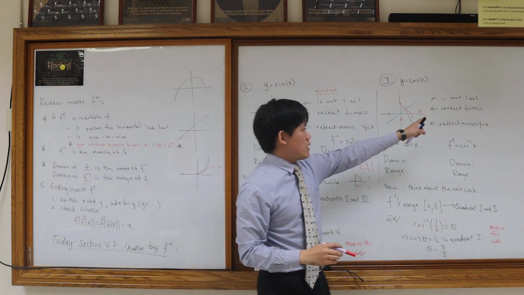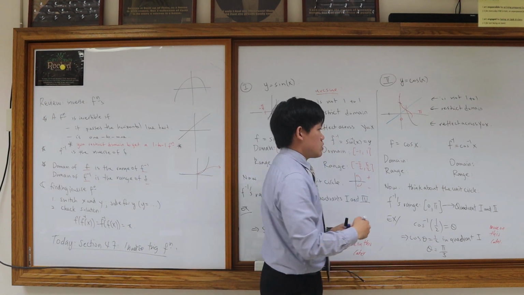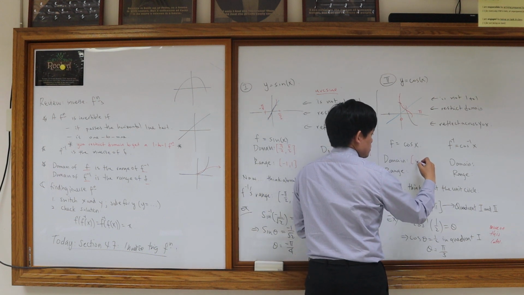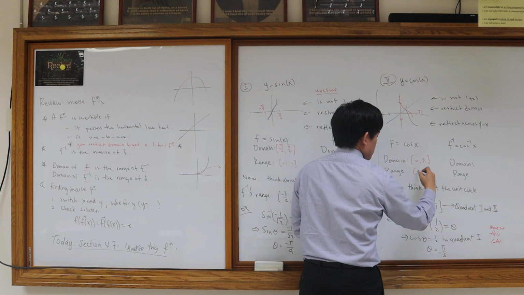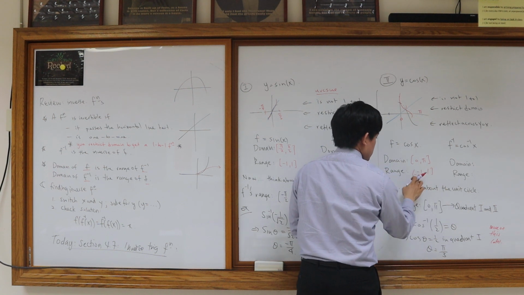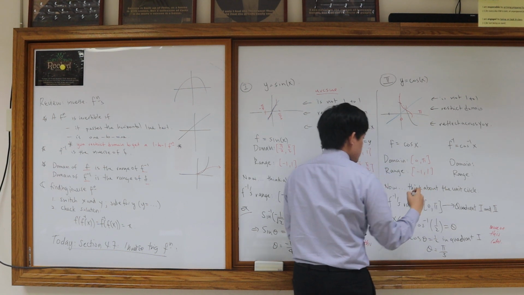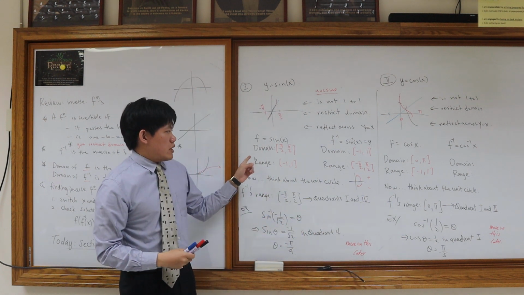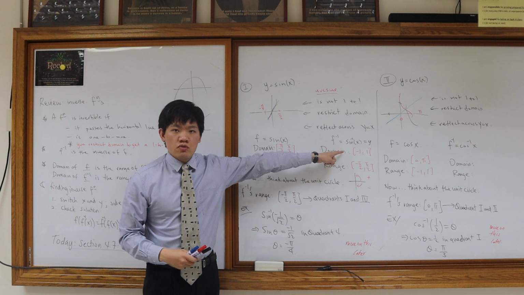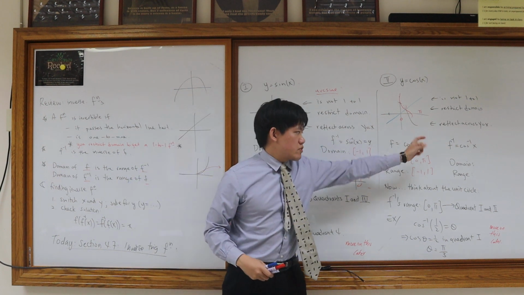Because we've restricted the domain, the domain for cosine of x is between 0 and pi, and my range is negative 1 to 1, again with square brackets. By the way, this domain and range discussion is strictly to get the inverse of sine, and the same thing for the inverse of cosine.